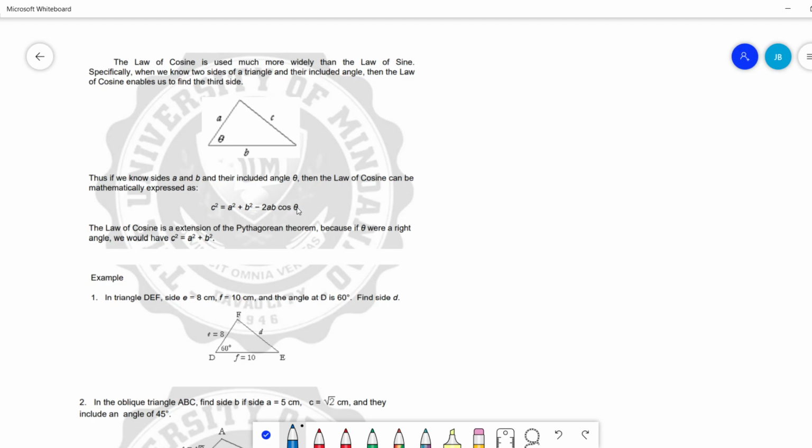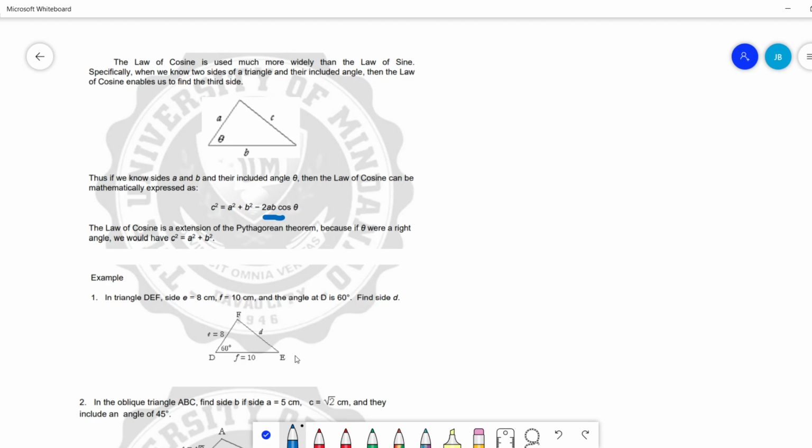That applies to a right triangle. But since we are talking about oblique triangles here, with an included angle, that's why we are going to use the law of cosine.